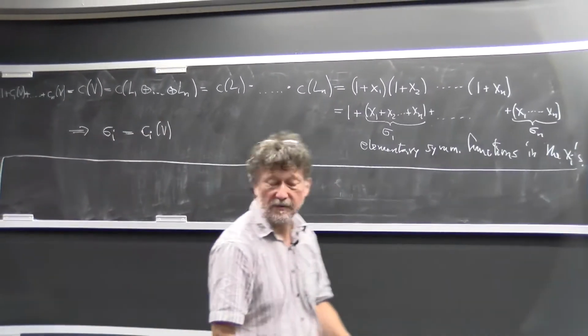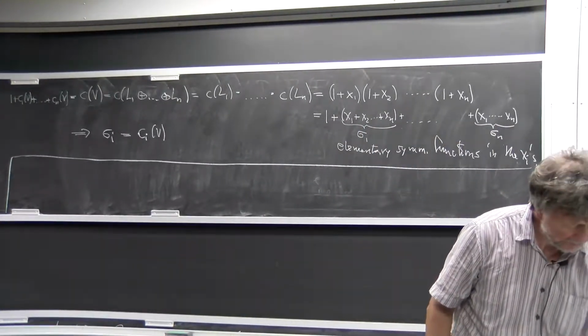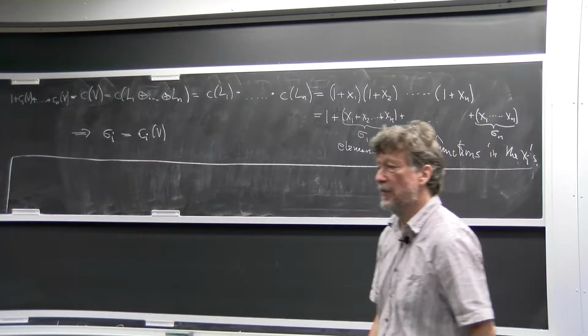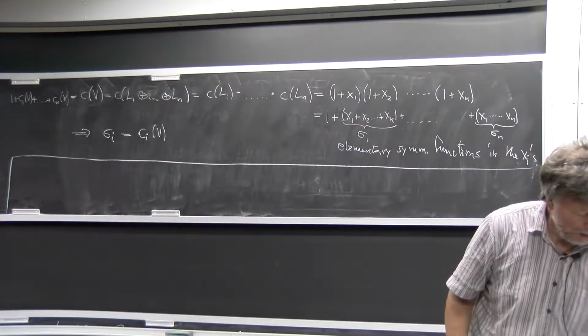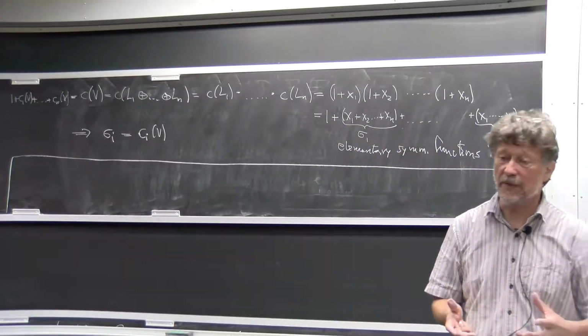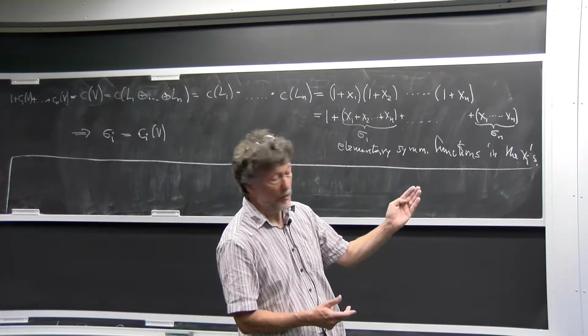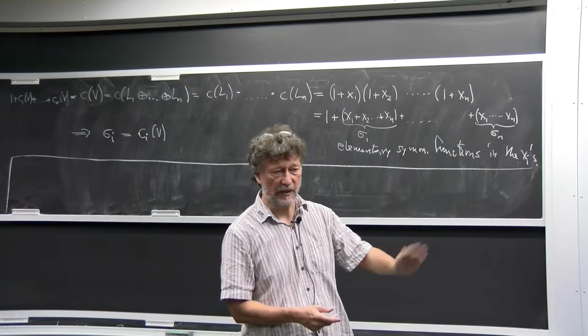Now we need to look at the other piece. We need to look at the A-roof genus. And if you remember, the A-roof genus was something that we applied to the tangent bundle. So unlike this vector bundle V that we twist by, the tangent bundle is a real vector bundle.